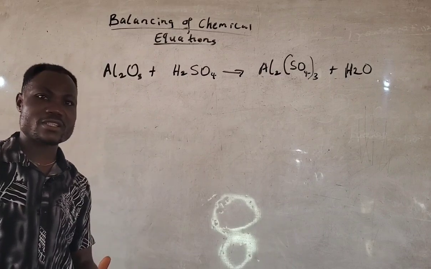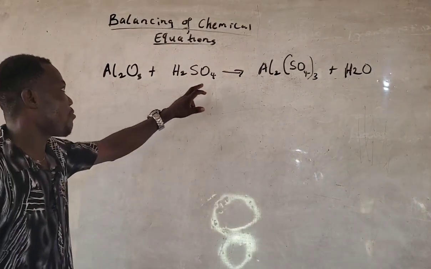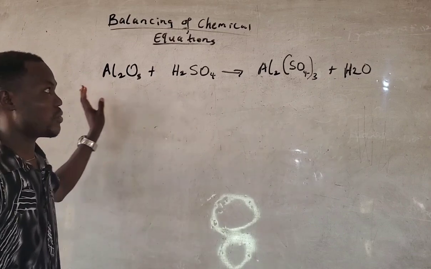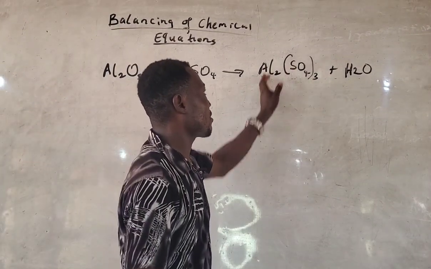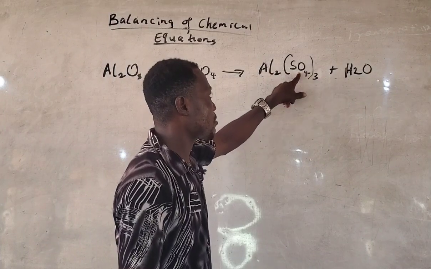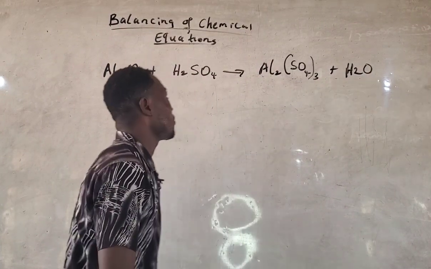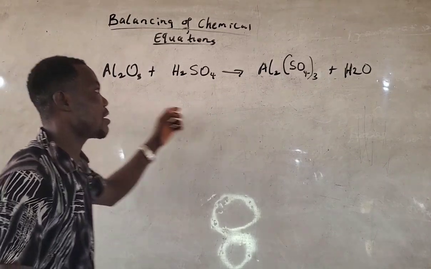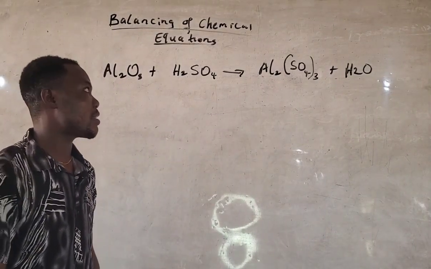So if you look at this, we have 2 atoms of aluminum here, 2 atoms of aluminum here. So the aluminum there seems balanced. We have oxygen, we have 3 here, we have 4 here, which is 7 on this side total. But coming to this place, this 3 is affecting everything in this bracket. So for this oxygen, 4 times 3 is 12, plus 1 it is 13. So having 7 here and having 13 here means that oxygen is not balanced.